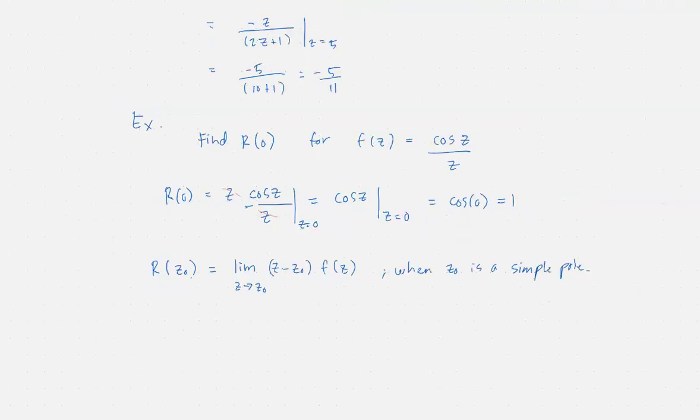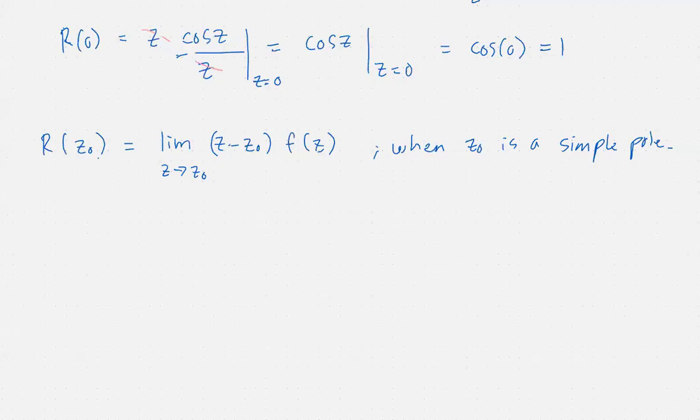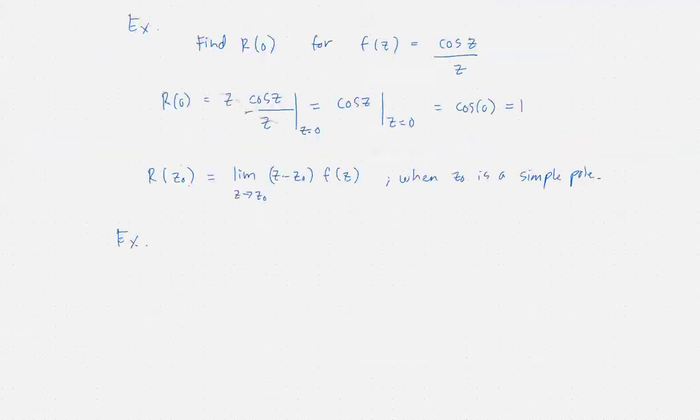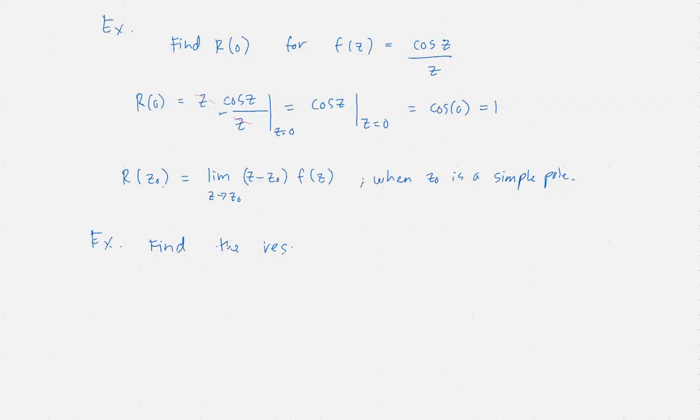Now, since we're taking the limit, we can actually use L'Hopital's rule, right? Okay. So, let's use another example. Find the residue of cotangent z at c equals 0.